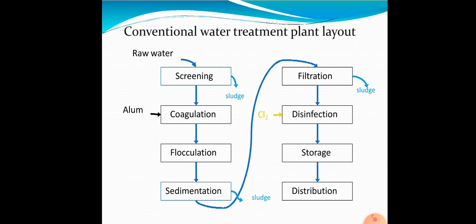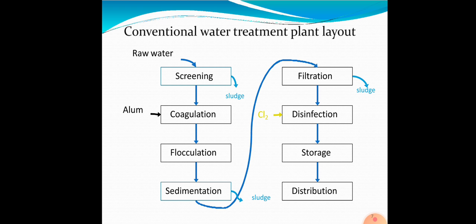Then there is another process that is called sedimentation, and sedimentation again can be with or without coagulation. The purpose of sedimentation is to remove the suspended impurities. Like I told you, water may contain suspended, colloidal or dissolved impurities.